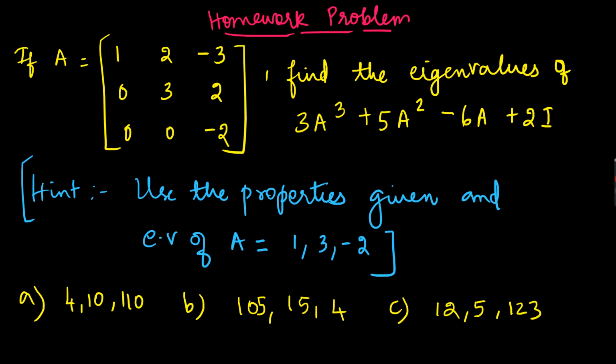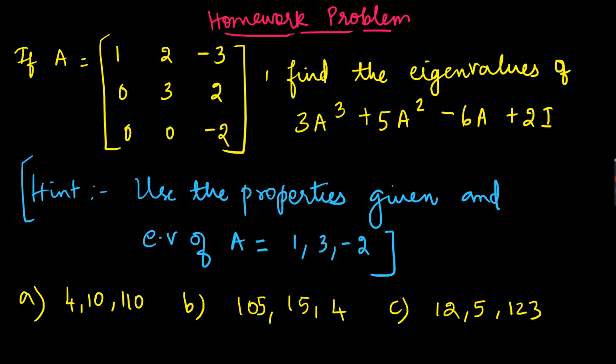You have to find A cube, A square, and find their eigenvalues and so on. A simple thing is to use the properties. The properties that I have already mentioned for the eigenvalues, you just have to think of how to incorporate them in this solution. And for your ease, I have also given the eigenvalues of A, which are 1, 3 and minus 2.